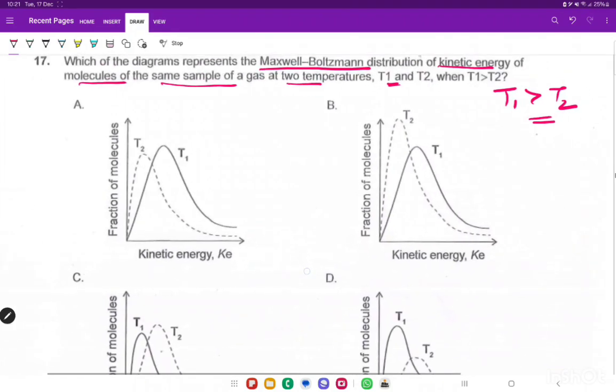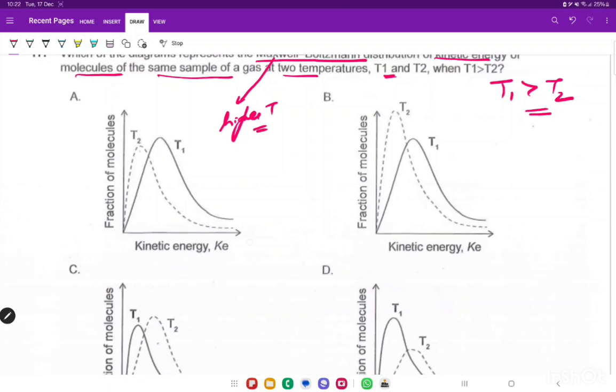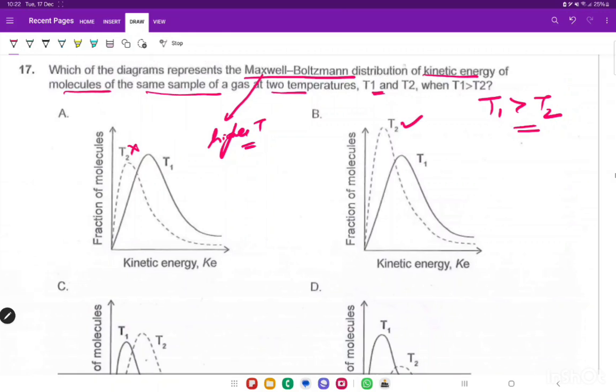Whenever we make a Maxwell-Boltzmann curve, the curve at higher temperature should have lower height and be more flattened. Higher temperature, height should be lower, more flat. This one is not possible because T1 is greater than T2 and it's not flat. T2 is lower temperature, correct, and T1 is at higher temperature, correct. It is more flat, correct.